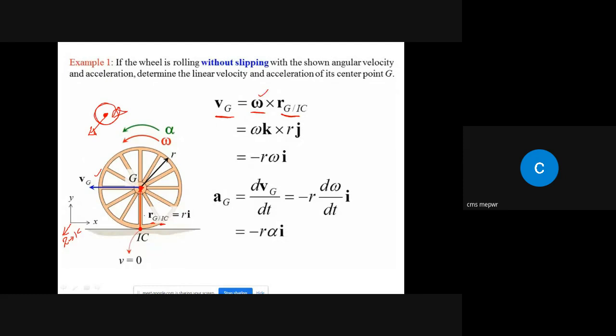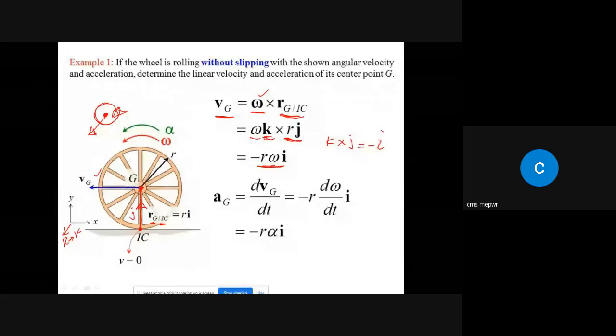The position vector is along the positive y-axis, so r_G/IC can be written as r j. When you take the cross product of k and j, you get minus r omega, since k cross j gives minus i. So v = -r omega i.